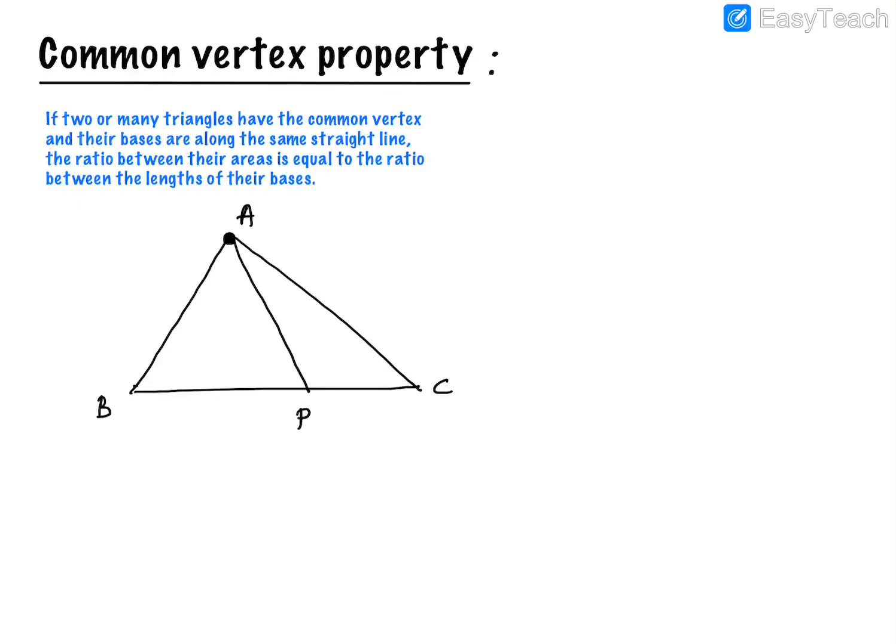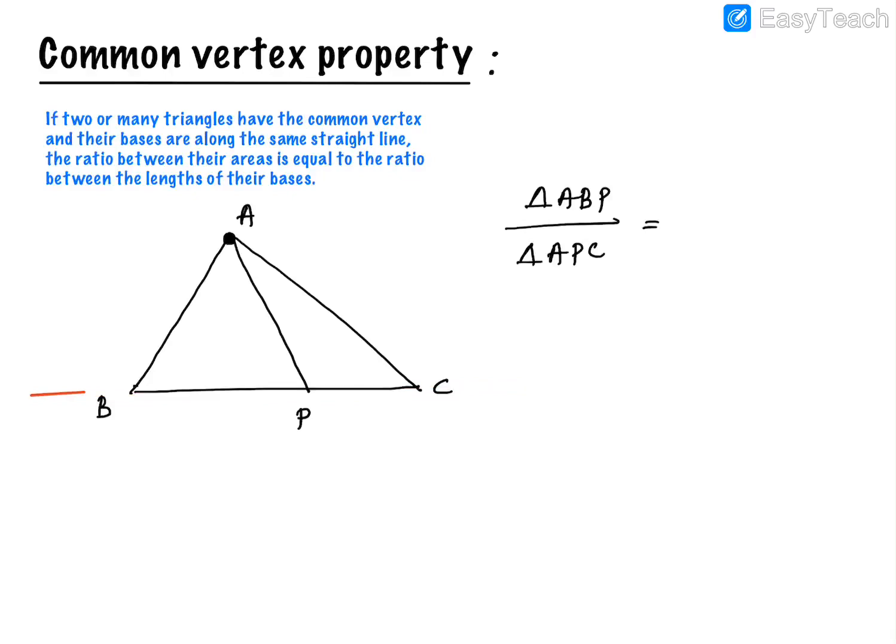The two triangles we are talking about are triangle ABP and triangle APC. If you notice, their bases are along the same line, and this is the same line.